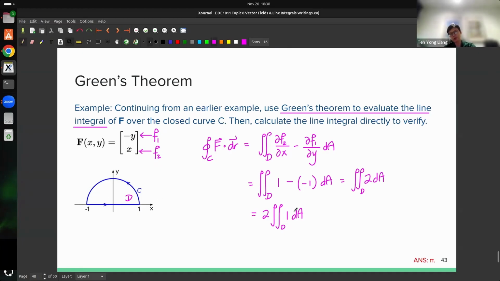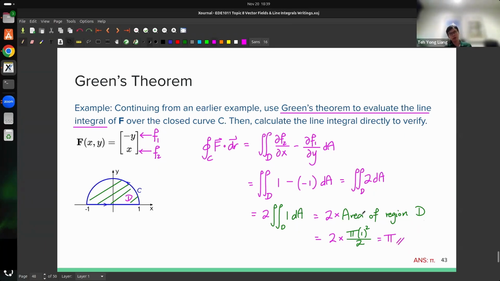As we mentioned before, it is just the area of region D. So 2 times the area of region D. What's the area? Pi r squared over 2, so it's 2 times pi 1 squared over 2, because it's a semicircle. Therefore, the answer is pi.